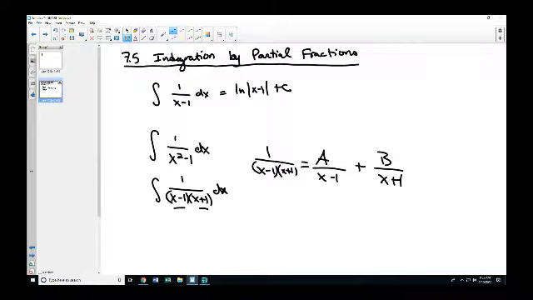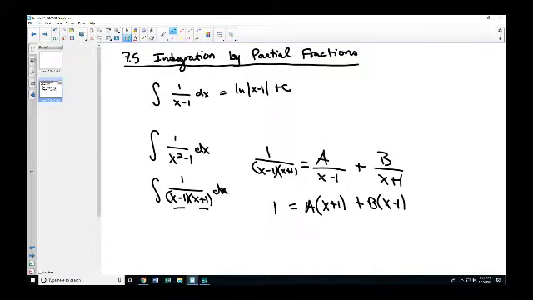Okay, so we're going to get rid of the denominators first. So we just skipped the whole common denominator step that we did in pre-calc. Okay.